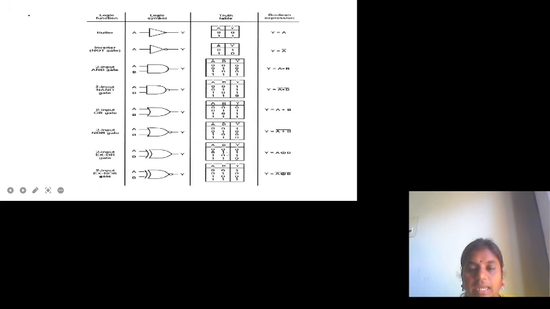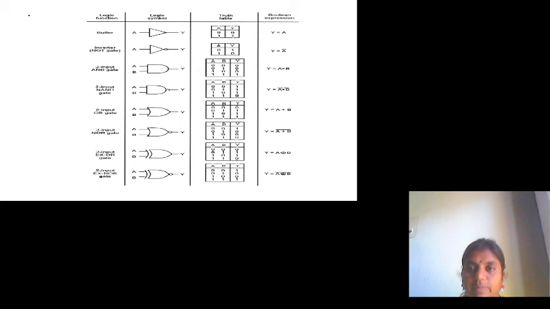Similarly XOR gate. If both the inputs are same, that is 0 0, output will be 0, and 1 1, output will be 0. If inputs are different, we will get output 1. So based on the behavior of the XOR gate, we can use this as a comparator circuit.